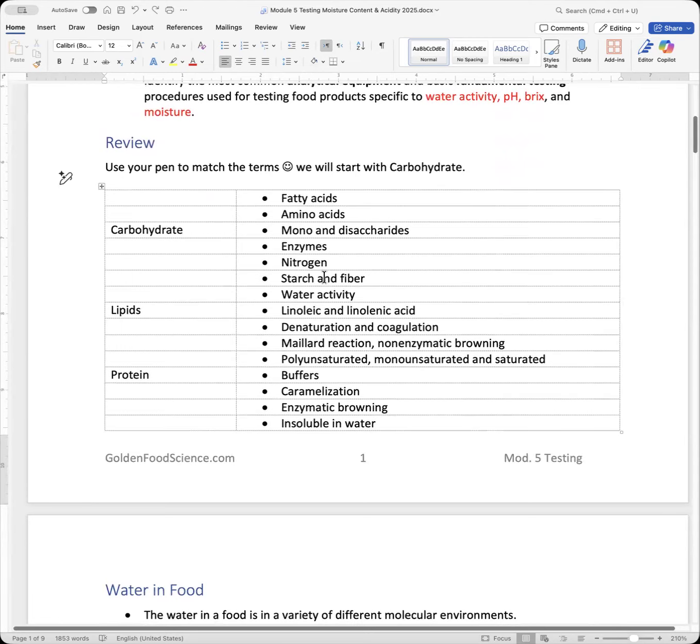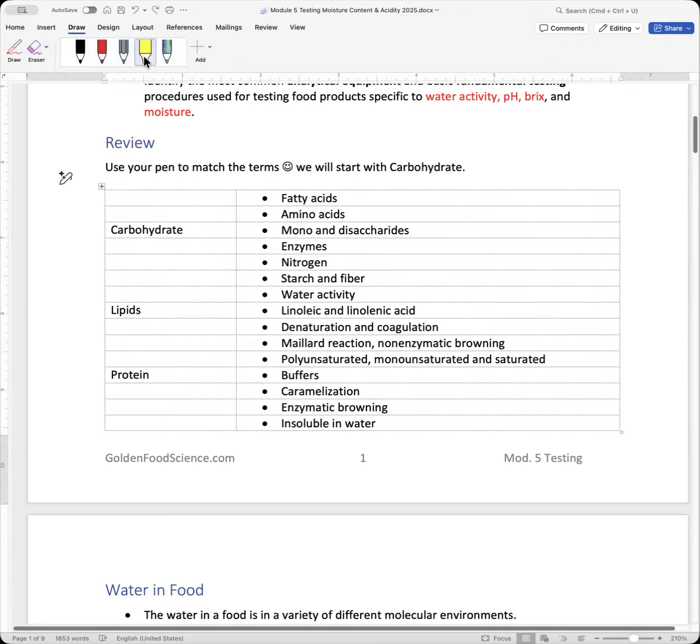But since you guys had such a good time playing with your pens, I thought it might be fun to go over a few terms and just do a little brainstorming before I get started. So I thought we'd start with carbohydrates. I want you to draw a line using your pen.